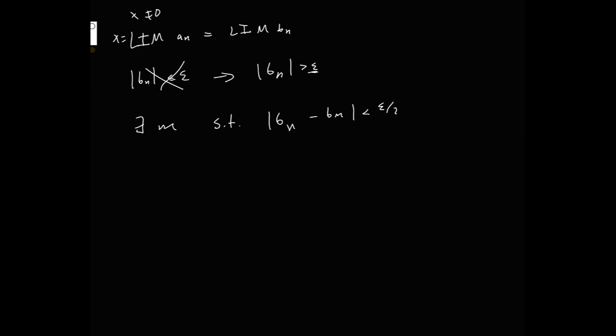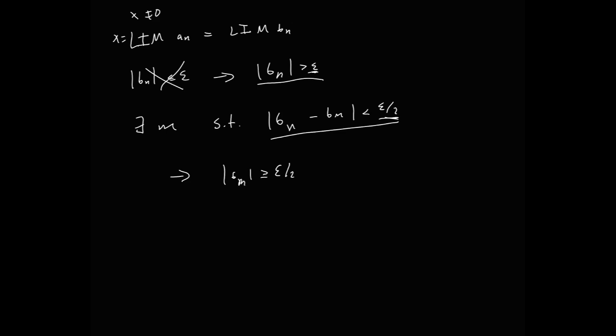So if you have b_n greater than epsilon, and this less than epsilon over 2, but by the triangle inequality, that gives us b_m is greater than or equal to epsilon over 2, sorry. This m was arbitrary, so therefore everything is bounded by epsilon.